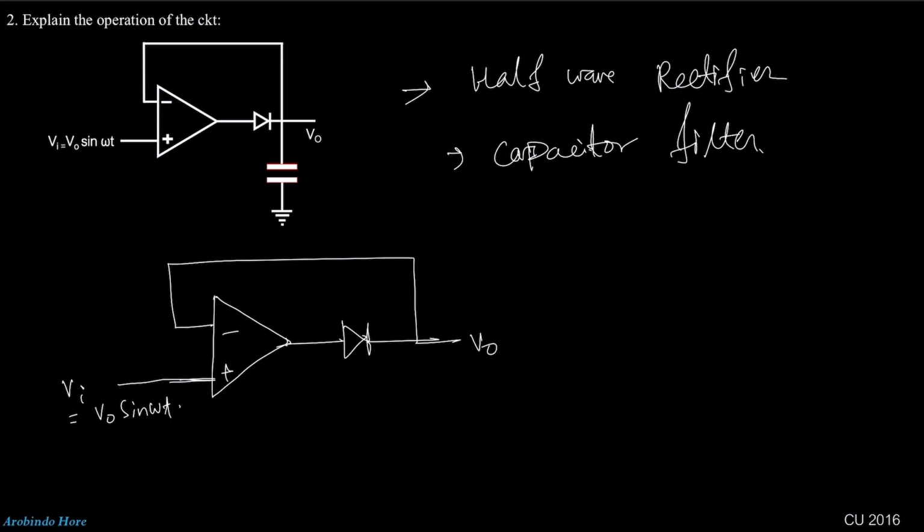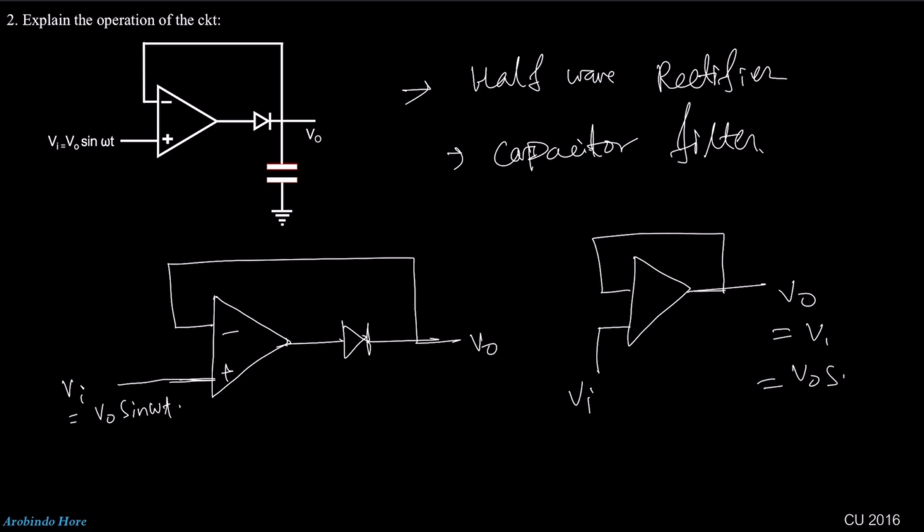Here, if there is no diode, then you all know this is just a voltage follower circuit with unity gain, right? That means this is the Vi, so we can write down V0 is equal to Vi, or V0 sine omega t, right? That means if the diode is on, then this particular circuit will work like this.